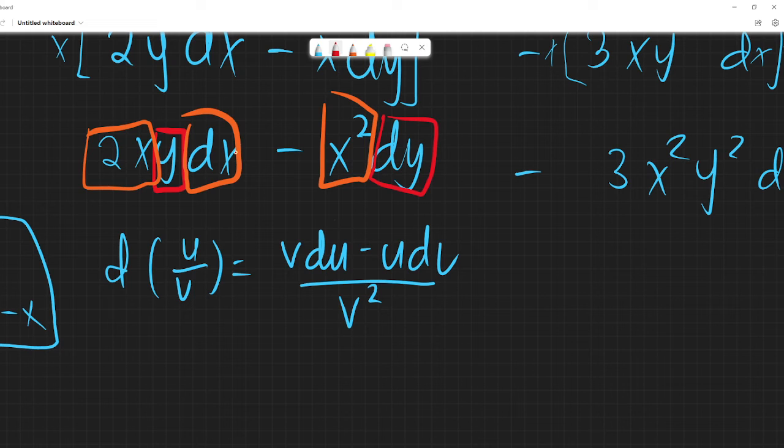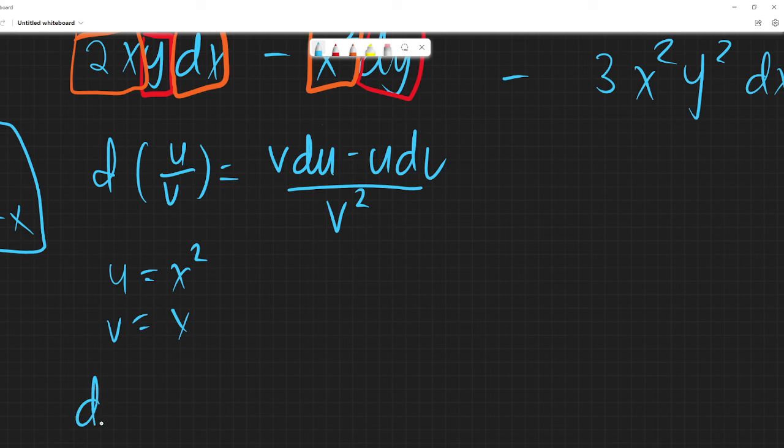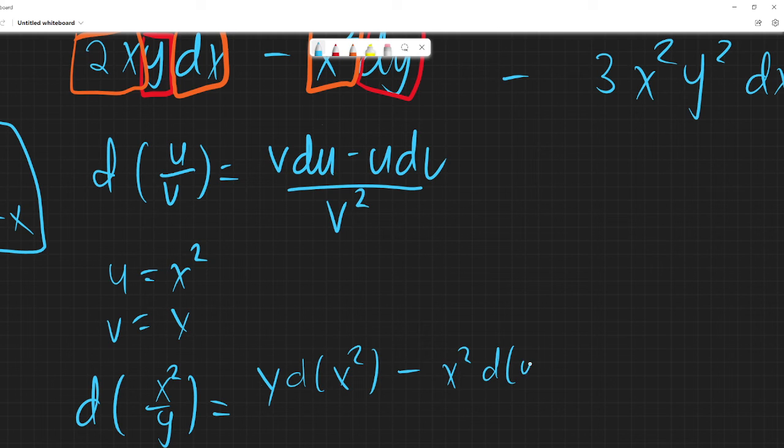So if that is what I want, I will let u be equal to x squared and v be equal to y. So using the formula, x squared over y, I will get y times the derivative of x squared, minus x squared times the derivative of y, all over y squared.